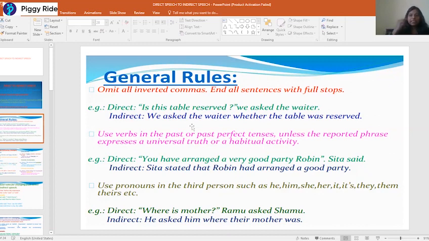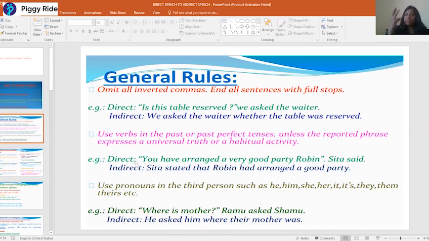Let me give you an example. Direct: "You have arranged a very good party, Robin," Sita said. Now we make it indirect: Sita stated that Robin had arranged a good party. Did you notice the change?